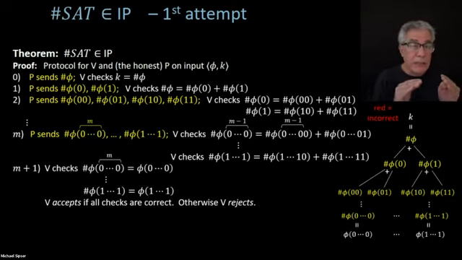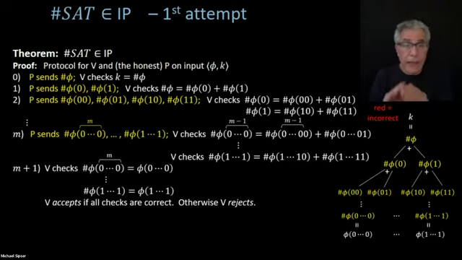Now, what happens, and this case is going to be important to understand both here and in the non-Boolean case, if we had an incorrect value for the input? What I want to show you is that the verifier is going to end up rejecting in this case.